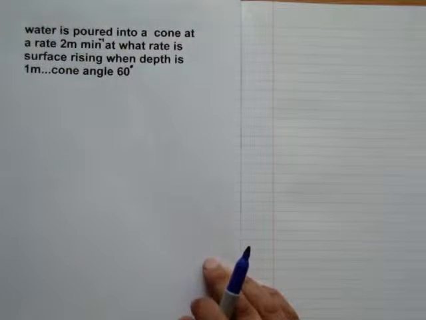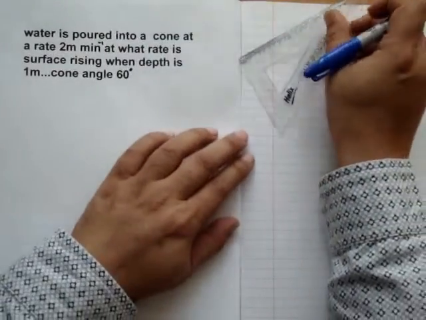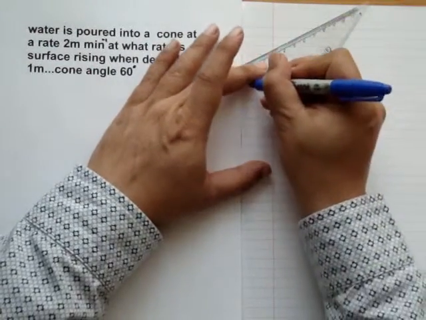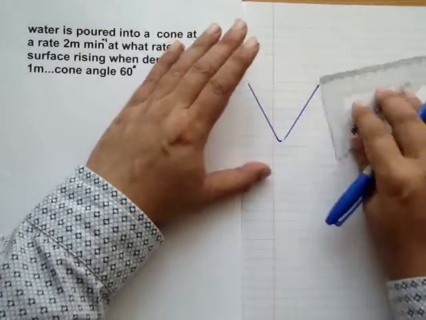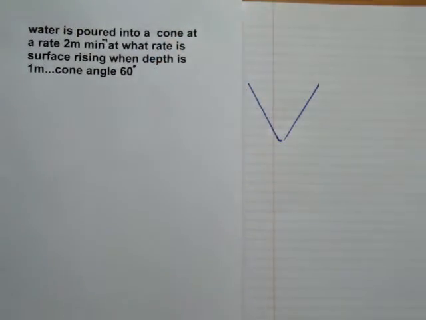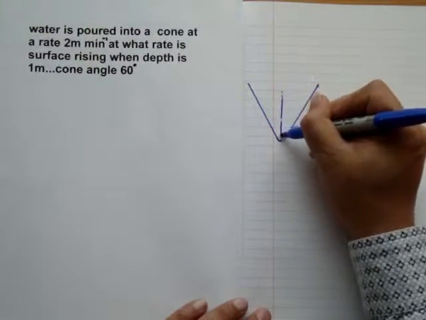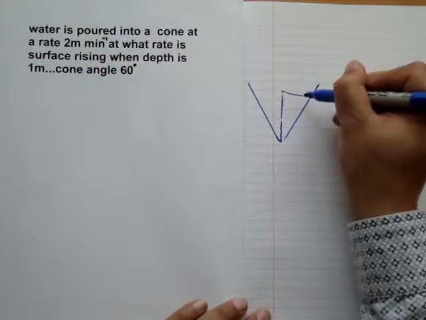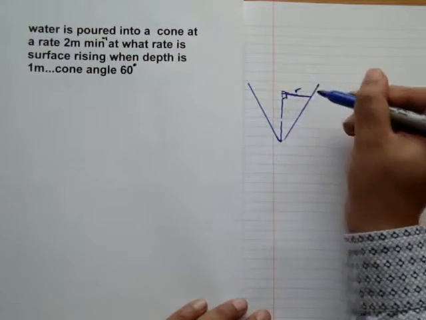This is a little bit more complicated because we're talking about a cone and the rate varies with the height. So let's draw a quick diagram. That's our cone. If we draw a line down, this is R, that should be 90 degrees.